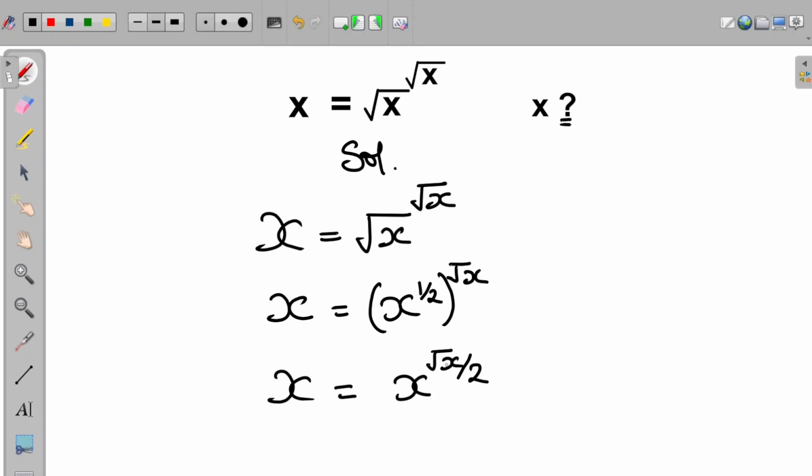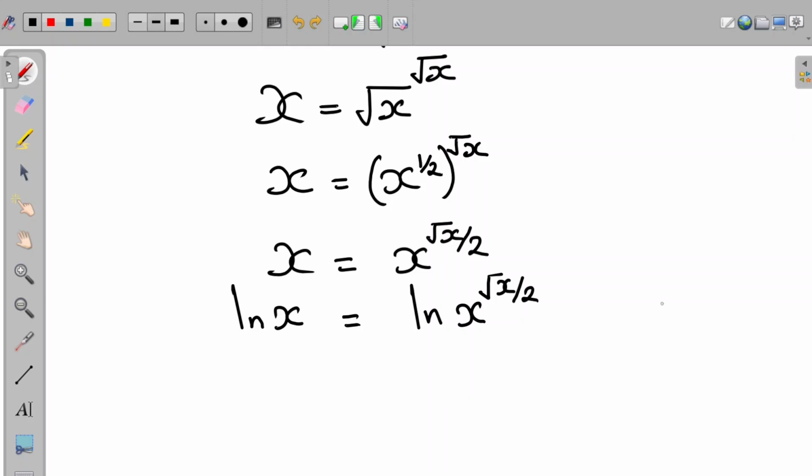Now at this point, we can take the natural log of both sides. So we have it that ln x will be equal to ln x raised to the power of root x divided by 2. But recall that log a raised to the power of b can be expressed as b log a.